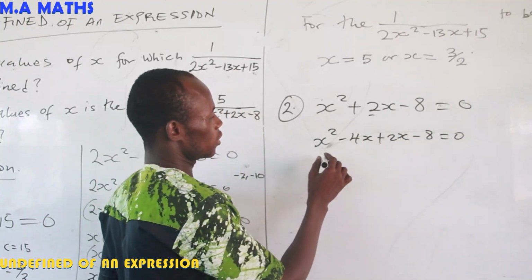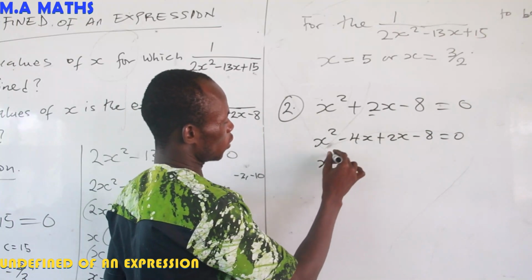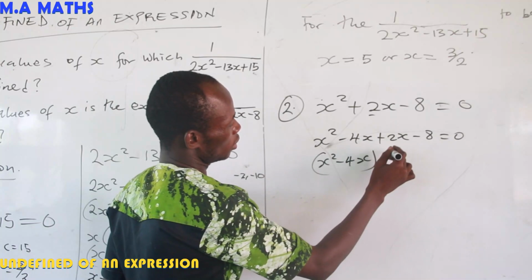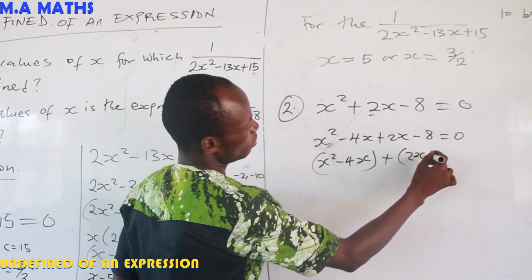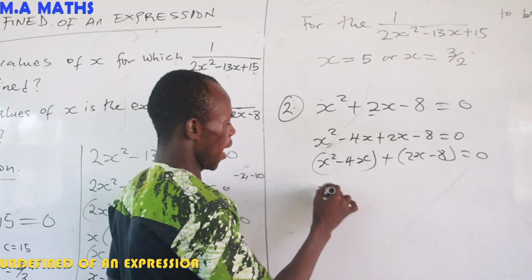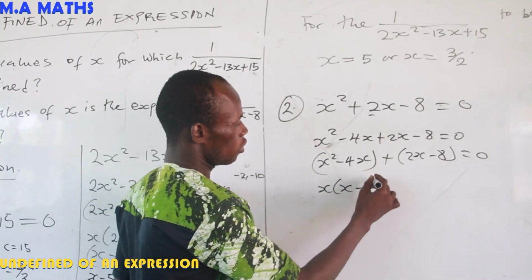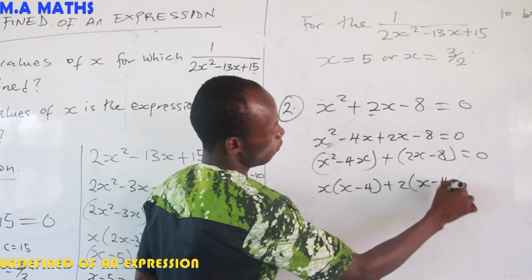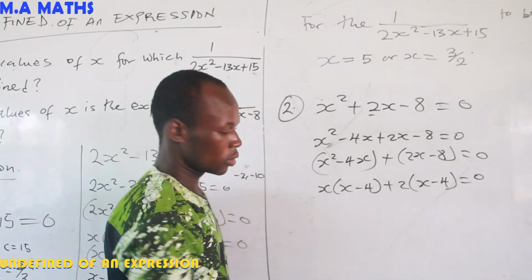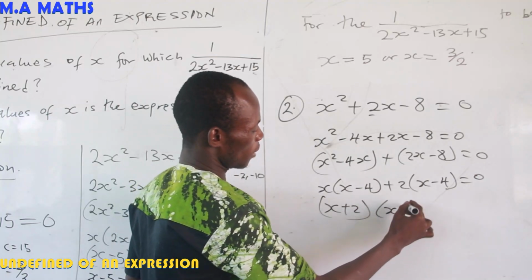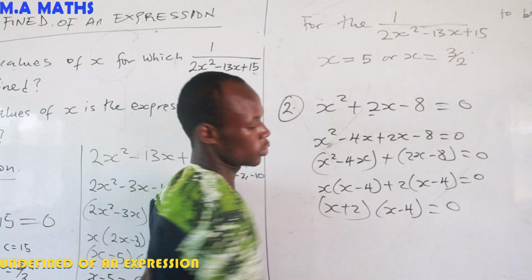We factorize. x squared plus 4x, minus 2x minus 8, equal to 0. This will give me x outside, x plus 4, minus 2 outside, x plus 4, equal to 0. So x minus 2, x plus 4, all equal to 0.